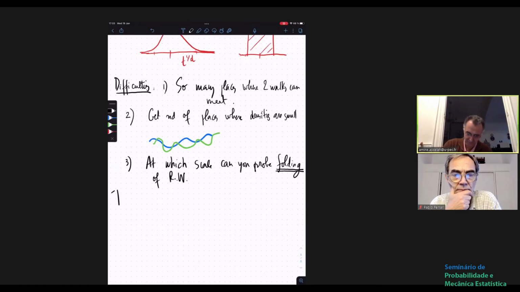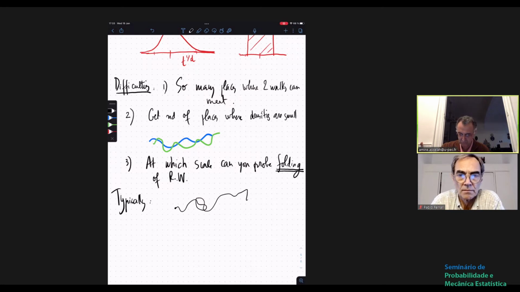Okay, so let me first say what a typical random walk is doing. It starts at 0. You take a site which is visited, you draw a ball of radius r, and you ask yourself, what's the density? How many monomers, how many positions of the walk are inside this ball?